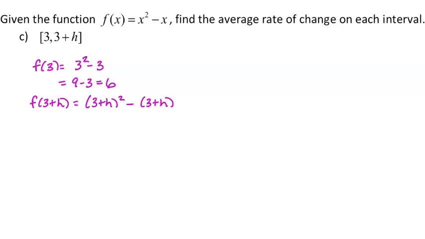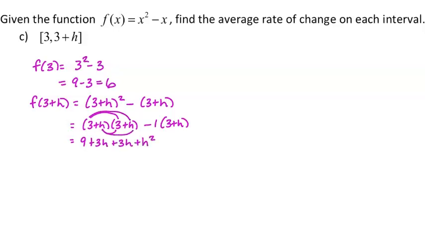When we see a binomial squared, we need to actually think about writing that twice and FOILing that out. If it helps, you can also imagine a -1 in front of that second term here. So as we multiply this out, (3 plus h) times (3 plus h), 3 times 3 is 9, plus 3h, plus 3h, plus h squared.